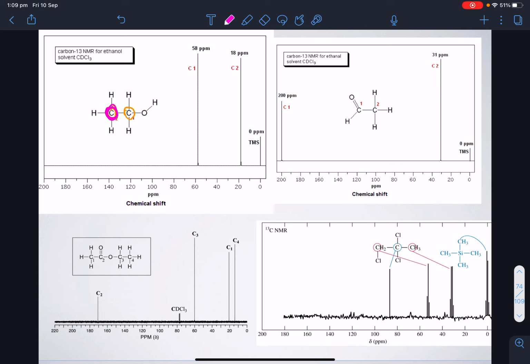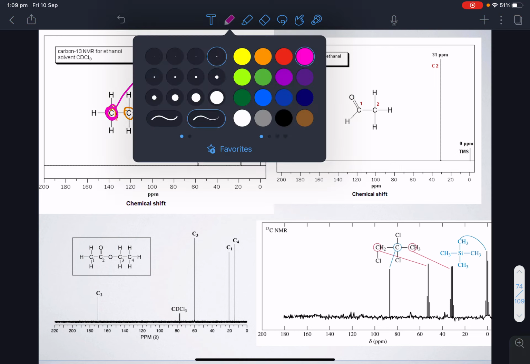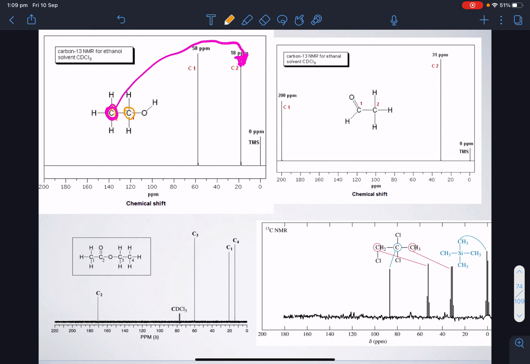This pink one is furthest away from the oxygen, so it's the furthest upfield, so that's that one there. And the orange one is closer to the oxygen, so it's further downfield, so that one there is representing that carbon.